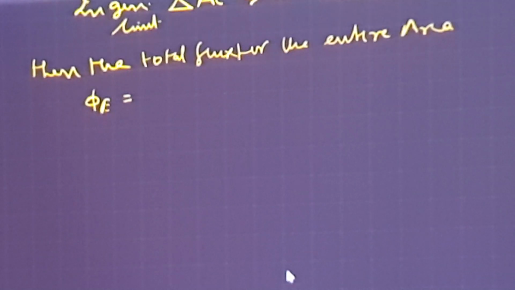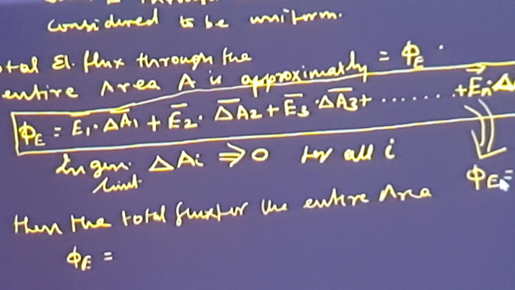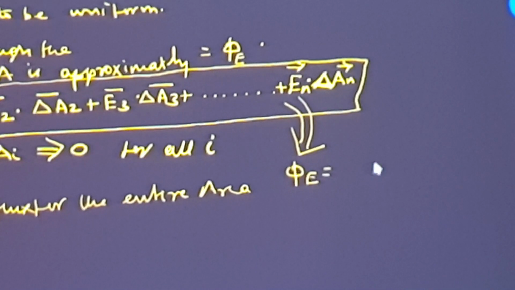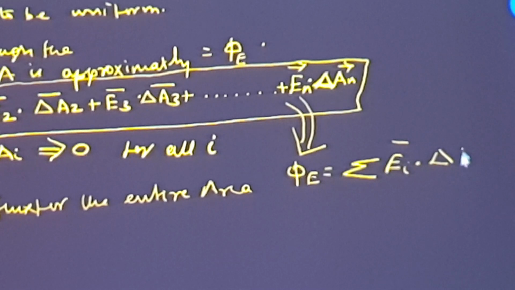Phi E is equal to sigma of E i dot delta A i vector, where i ranges from 1 to n.